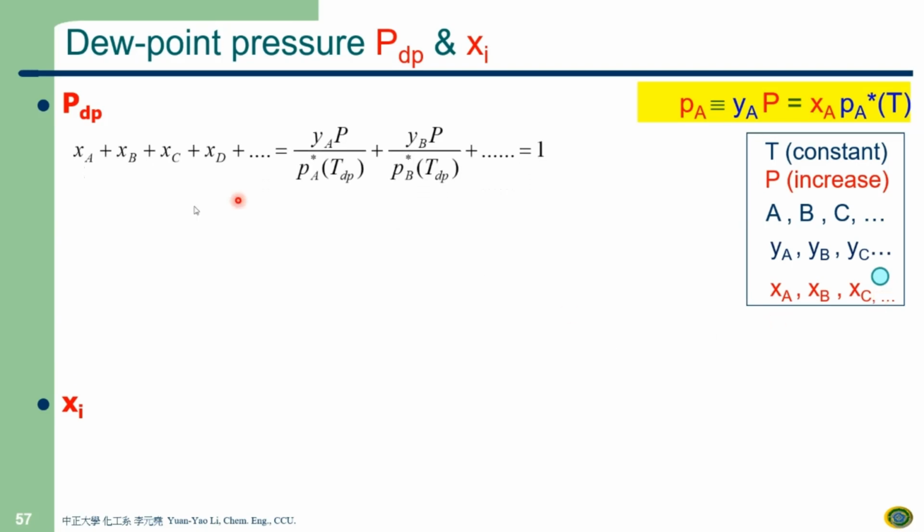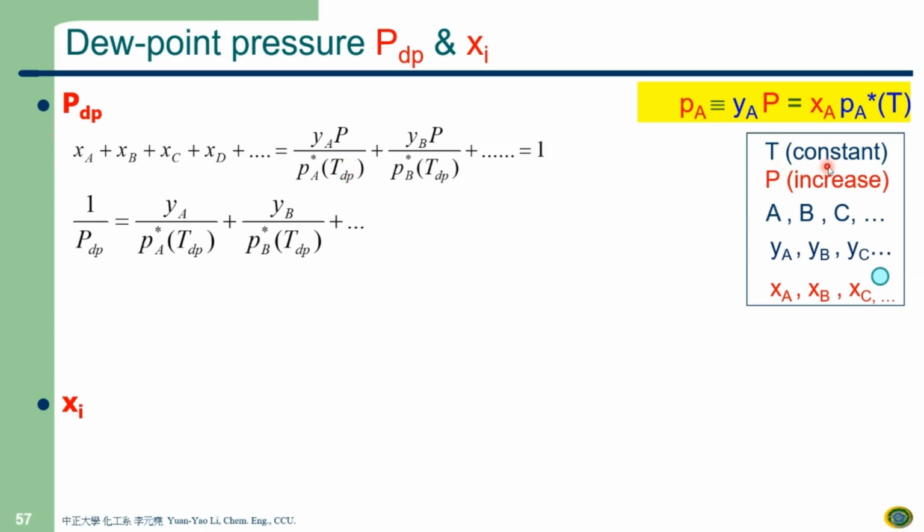Okay, follow the same equation. The molar fractions in the liquid phase add together to equal 1. And you try to modify this equation according to Raoult's law. Once you know this, and because you already know the temperature here, you don't need to use trial and error to get the dew point pressure. Why?